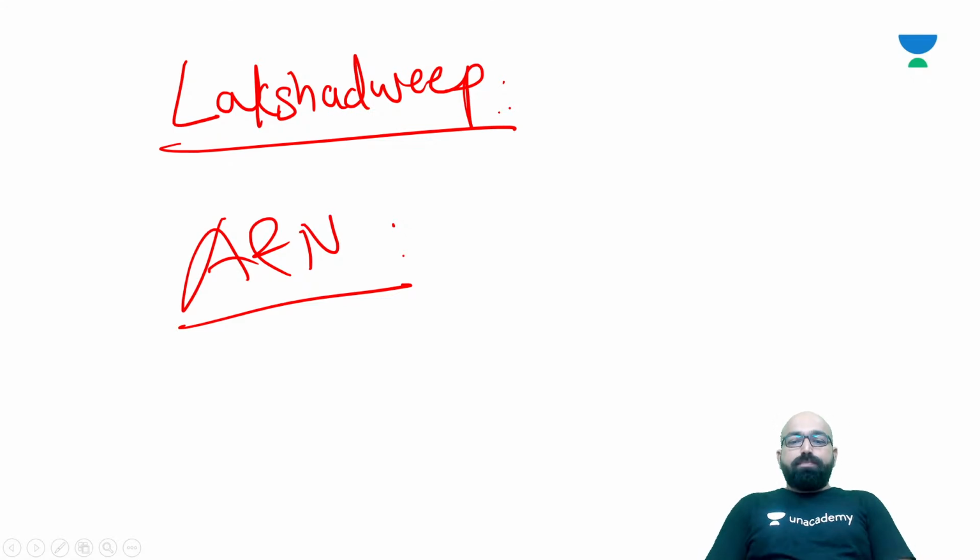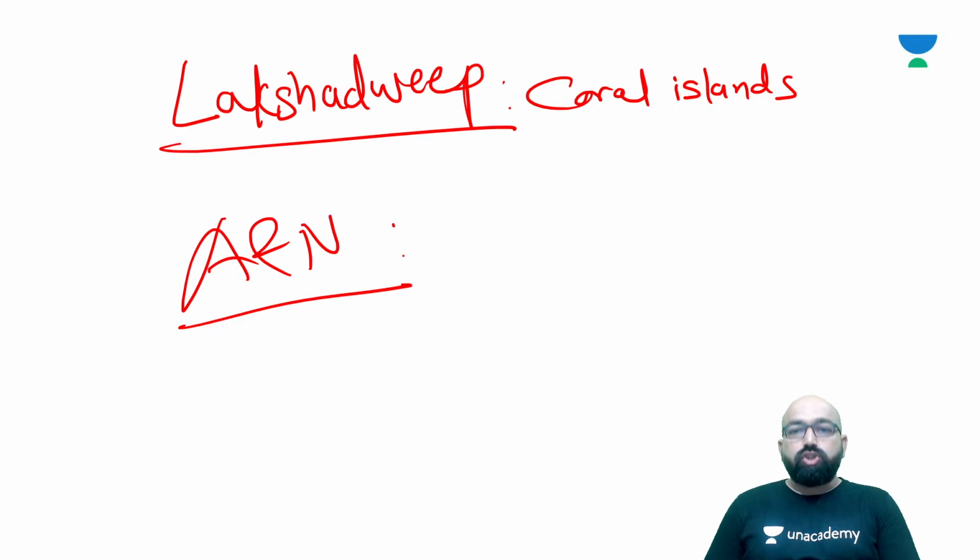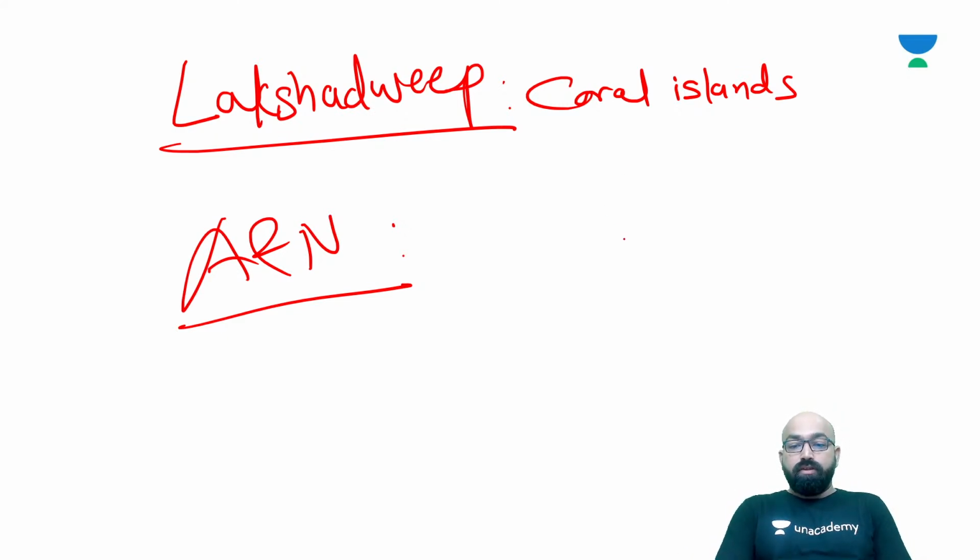So the Lakshadweep Islands are located in the Arabian Sea. These are coral islands located off the coast of Kerala, and the Andaman Nicobar Islands lie to the southeast of the Indian mainland.